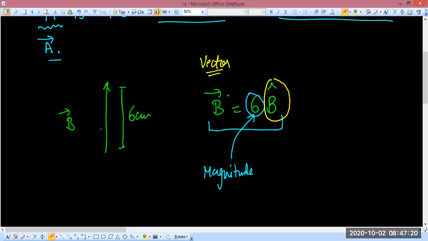Vector is actually having just two things, magnitude and what's remaining. What's remaining? Vector has two things, magnitude and, yes Dharmi? Vector has two things, magnitude and direction. Very good. So the remaining part indicates direction.